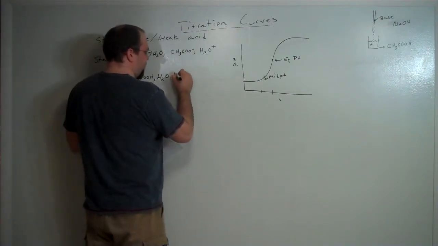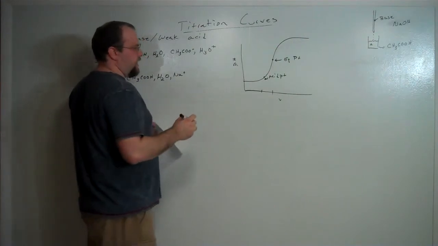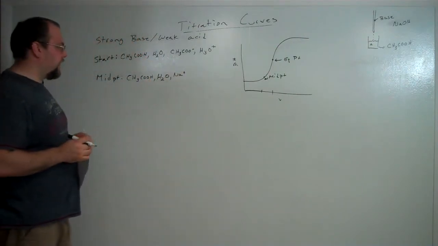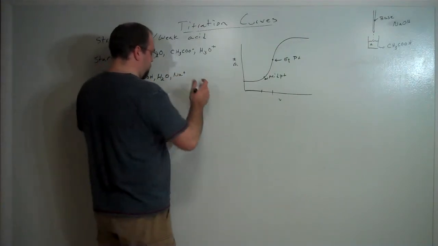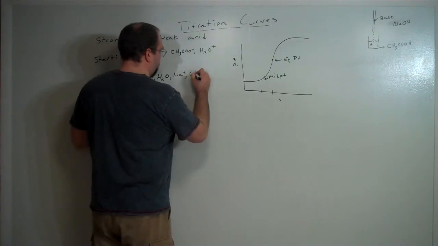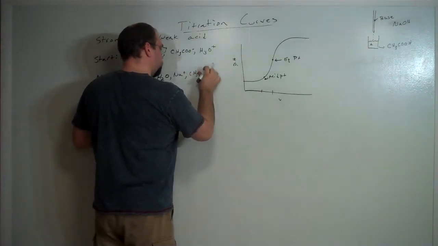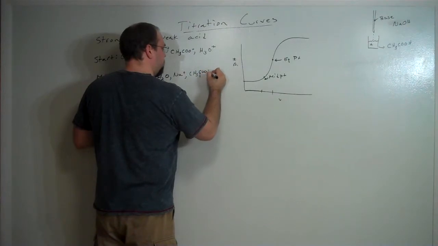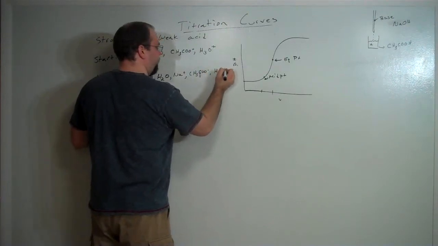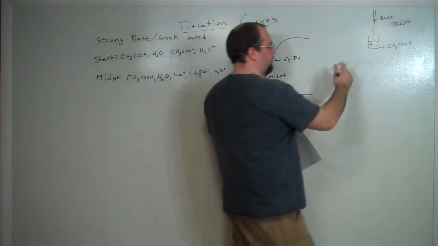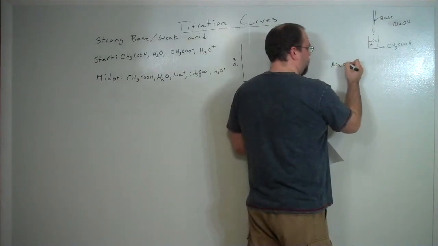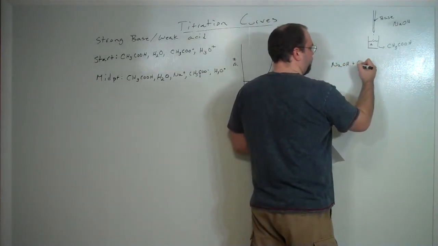I'm going to have some Na+, reacted. I should draw the reaction. I will in a second. I'm going to have some conjugate base, and I'm going to still have my hydronium. Now let me write this reaction down so we know what we're working with here.